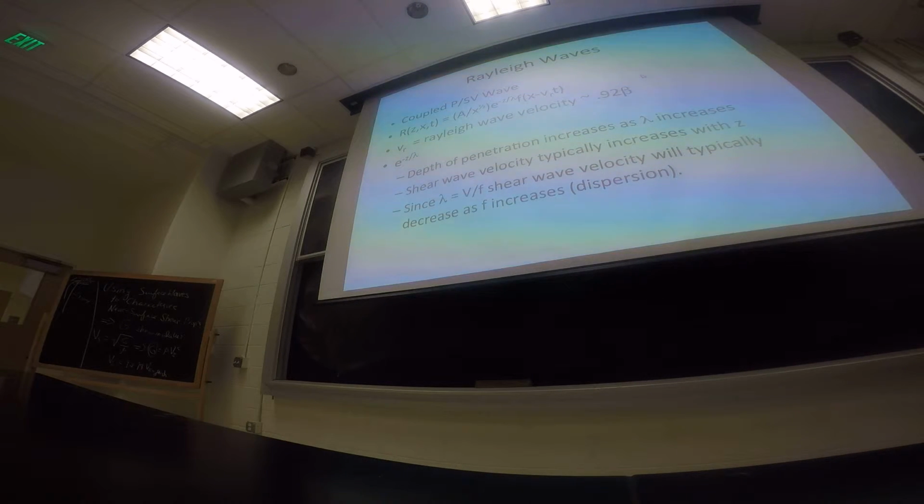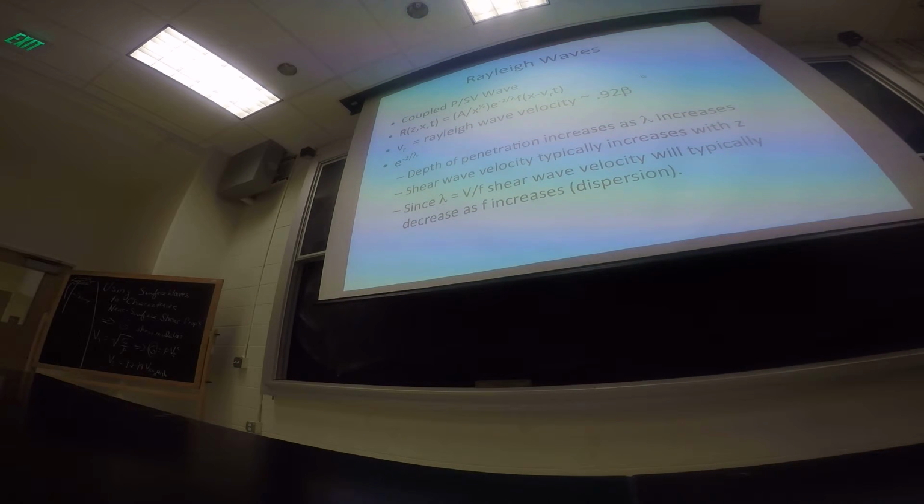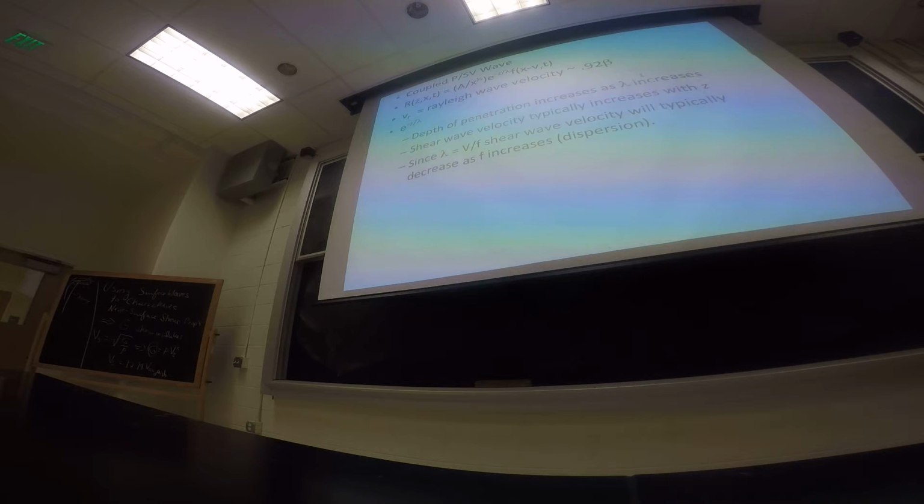So if you have a soil that doesn't change, if that short wavelength arrival over there, or wave, gives you the same velocity as the long wavelength, there's no vertical variation with depth, then you won't have dispersion. Only if you have velocity that changes with depth will you have dispersion.